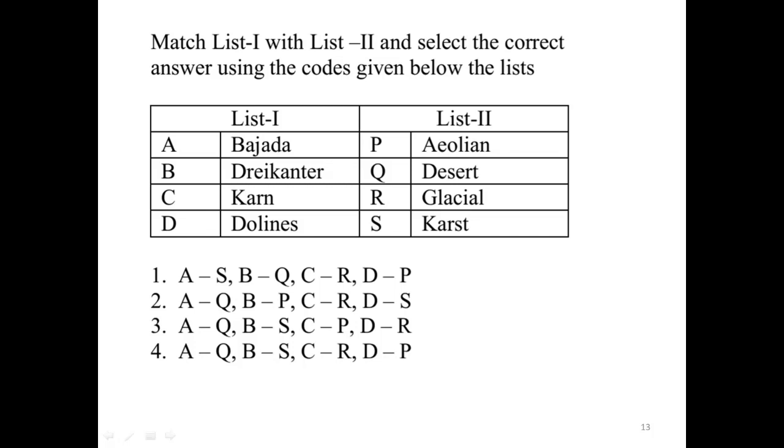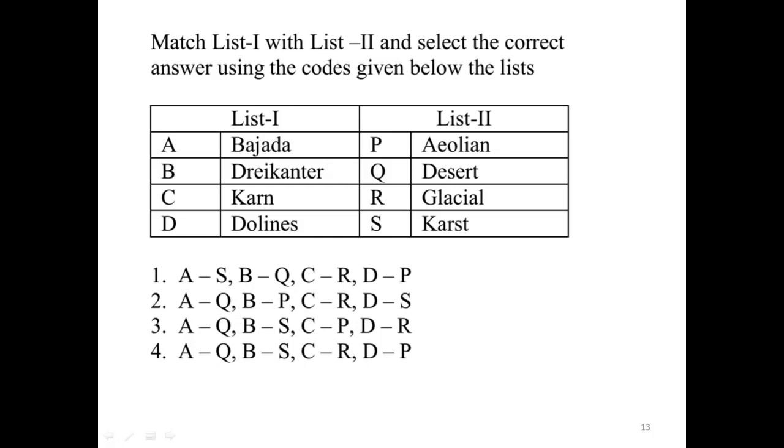The dolines are formed in the karst area, because karst topography is associated with limestones, so a doline is a bowl or a cone shaped depression in limestone areas.